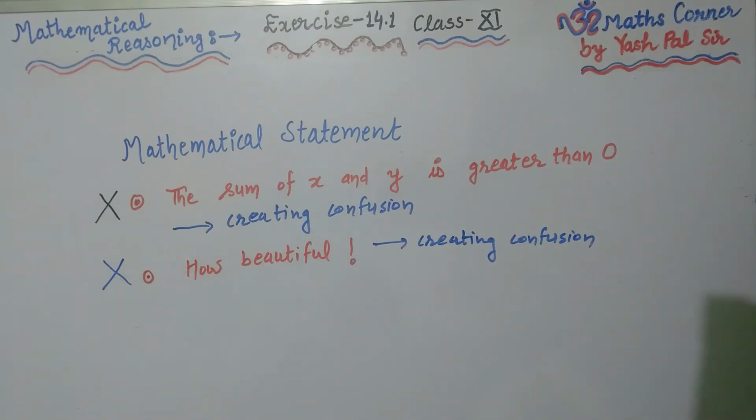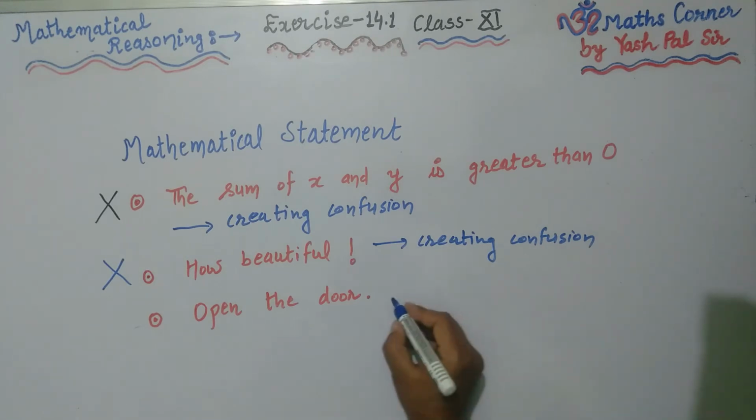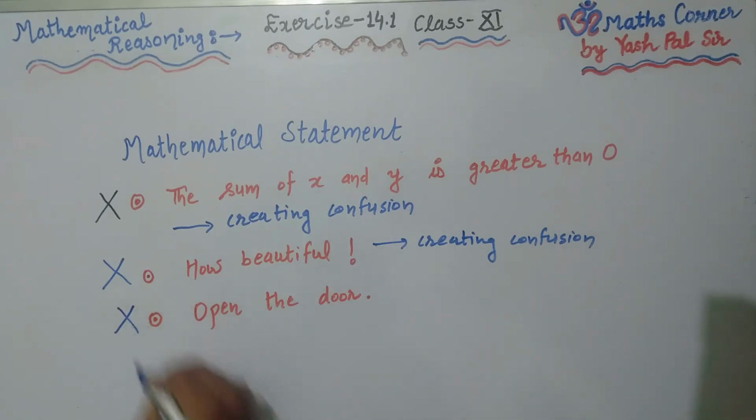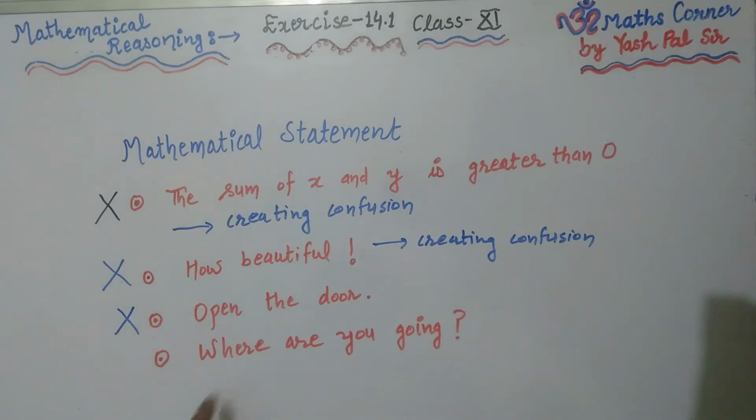One more example is: open the door. What is this? This is an order. Immediately we cannot reply yes or no. So again, this is not a statement. One more example, consider: where are you going? Question mark.